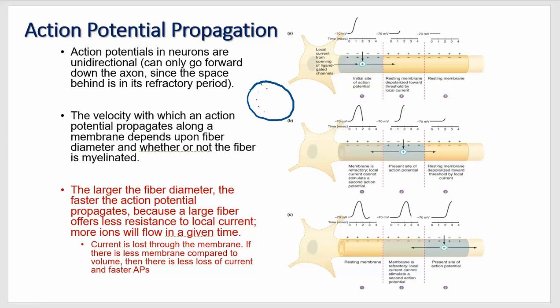So if we have a larger diameter, then these sodium, I'm going to say the red is sodium, are going to move along through that neuron in one direction. We'll just say it's one direction because we know that's how it works. But we can see that the sodium is moving along while some of it is leaking out.